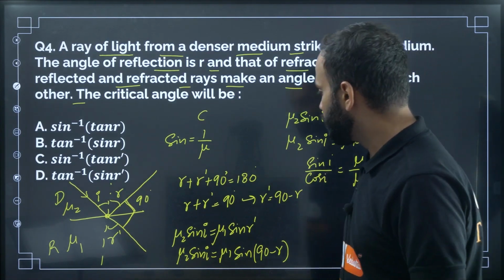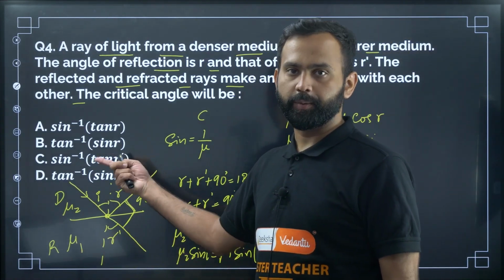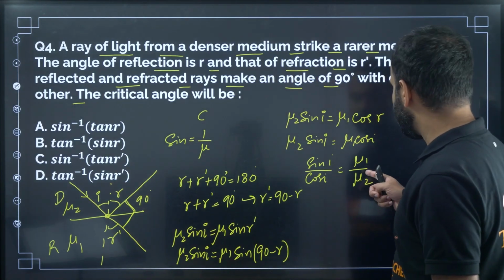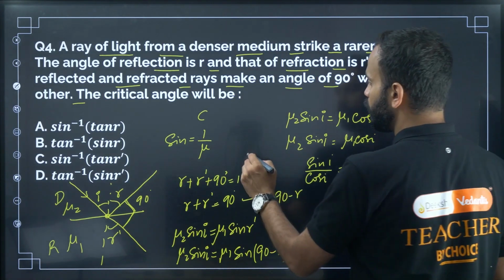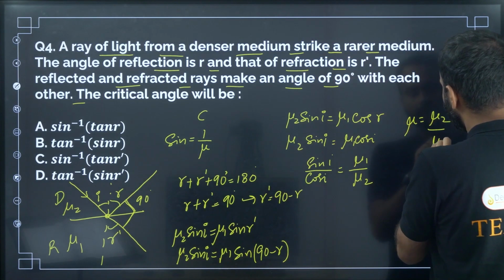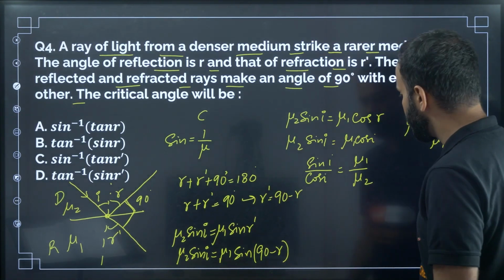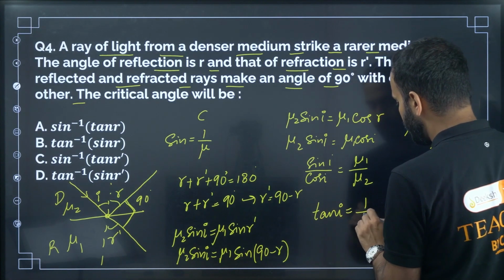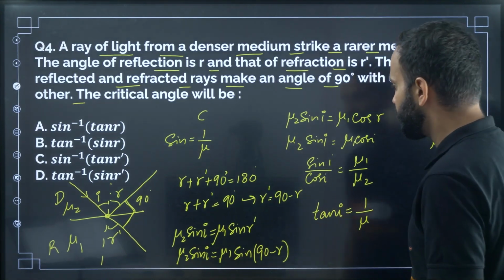So what is mu 1 divided by mu 2? Refractive index of the rarer medium with respect to the denser medium, that is 1 by mu, right? Here mu is equal to mu 2 by mu 1. So tan i is equal to 1 divided by mu, right? Tan i is equal to 1 by mu.